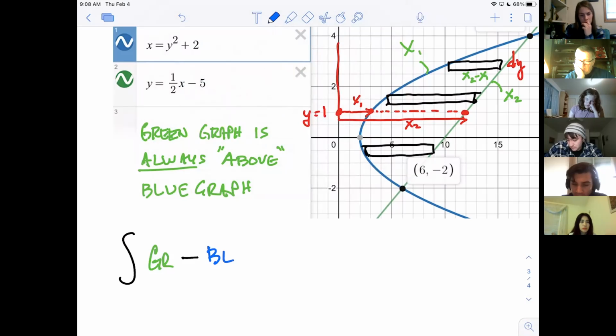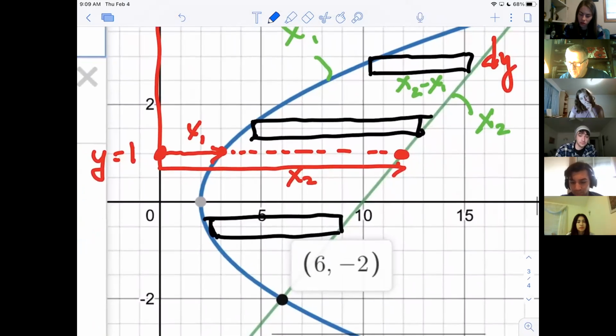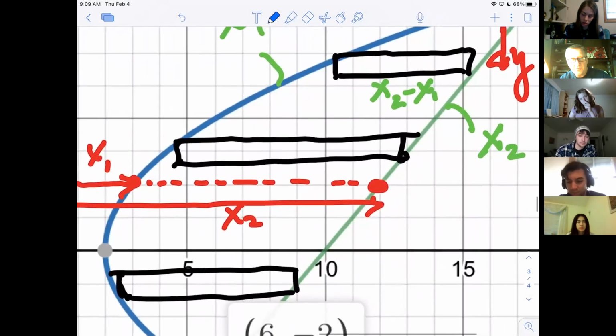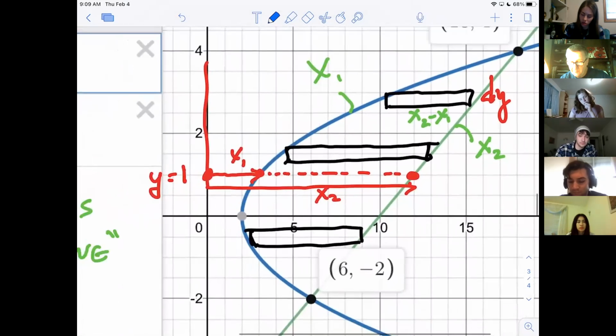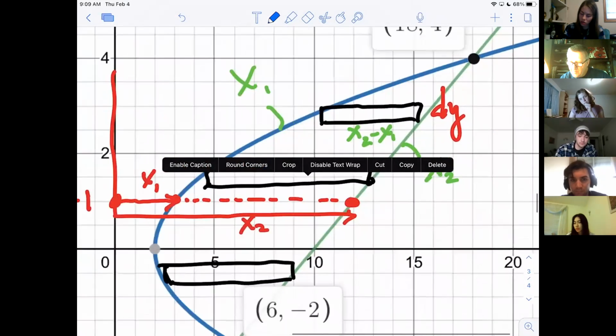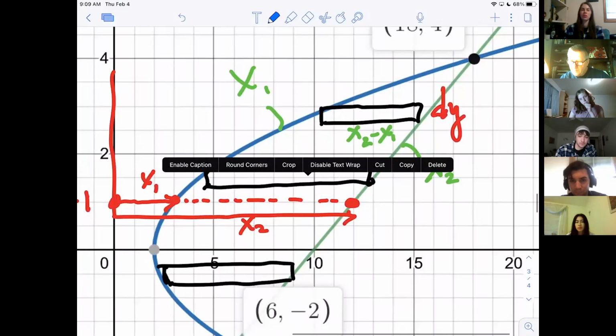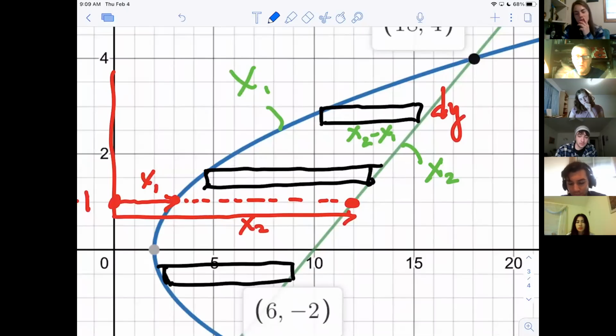And I really need that green graph solved for x just like the y one is. Do you understand that? Notice, as I said over here, this is really x2 minus x1. In other words, I need those solved. Notice this dy right here, the dy means I have to work with y. Do you understand that? It's got to be y values now.